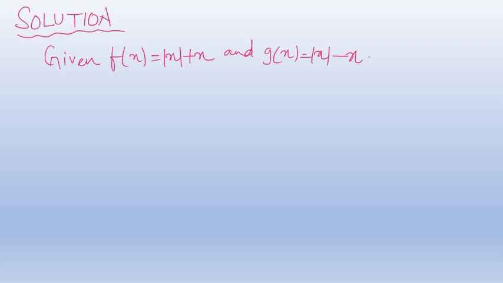Given f of x is mod x plus x and g of x is mod x minus x. Now we can write f of x as x plus x if x is greater than or equal to 0.